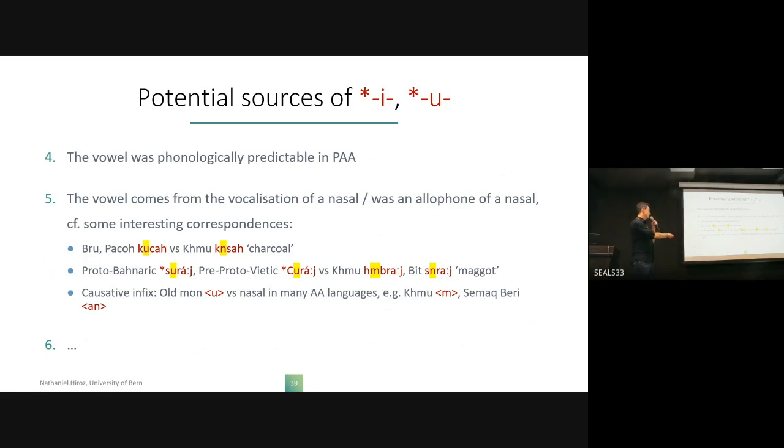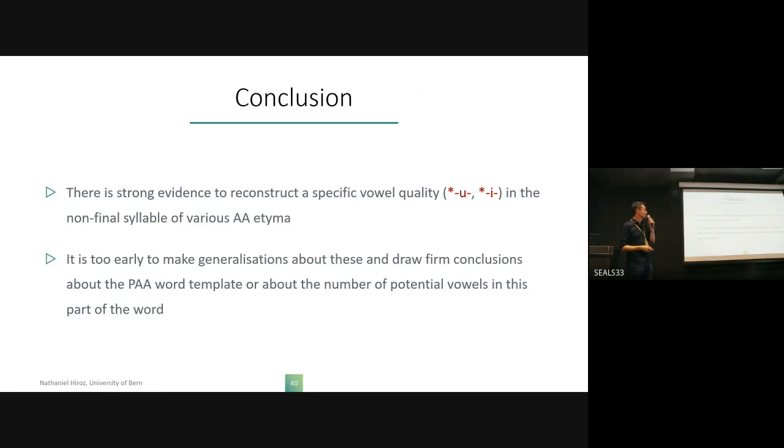And then, we saw the maggot term before, reconstructed with U to explain the different phenomena we discussed. But in Khmu it's Mbrai and Snrai with the nasal. So a bit intriguing. And also the causative infix in Old Mon is U, but it's typically a vowel in many Austroasiatic languages. And there could be other explanations.